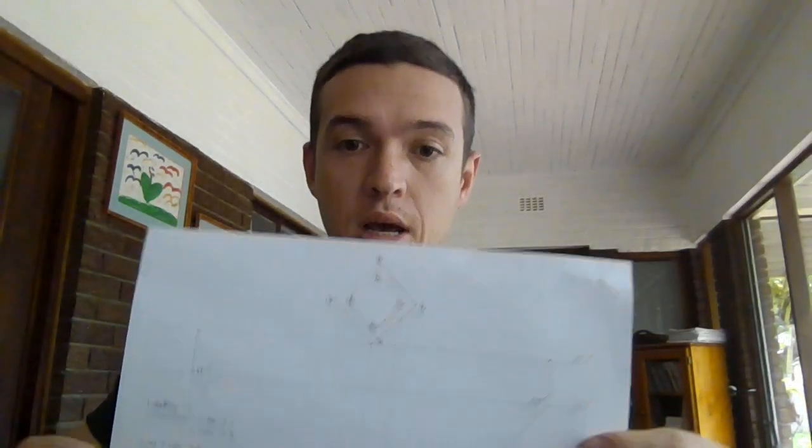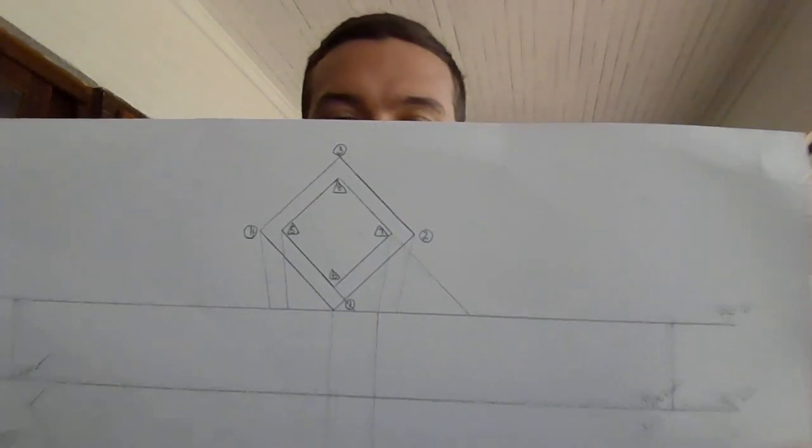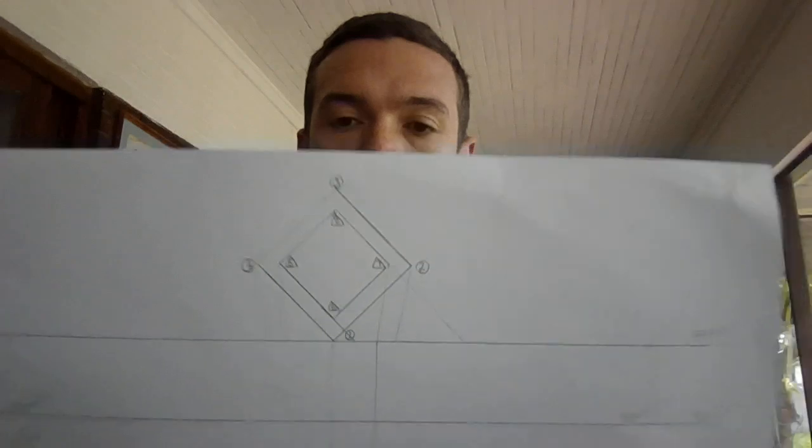So if we just have a look, and I know it might be a little bit distorted here on the computer, but luckily this drawing is attached to my lesson plan and my assessment tool.